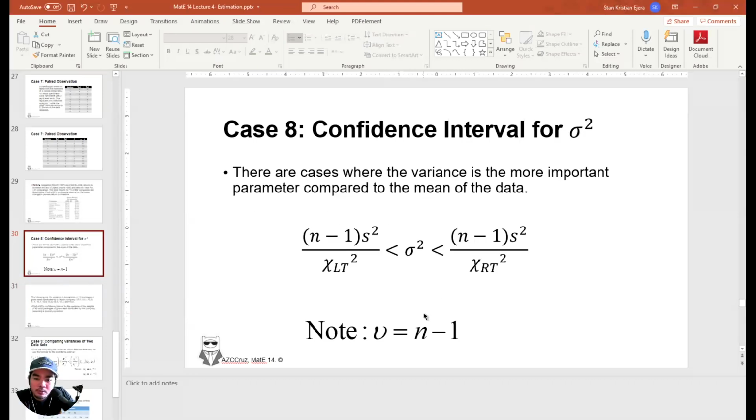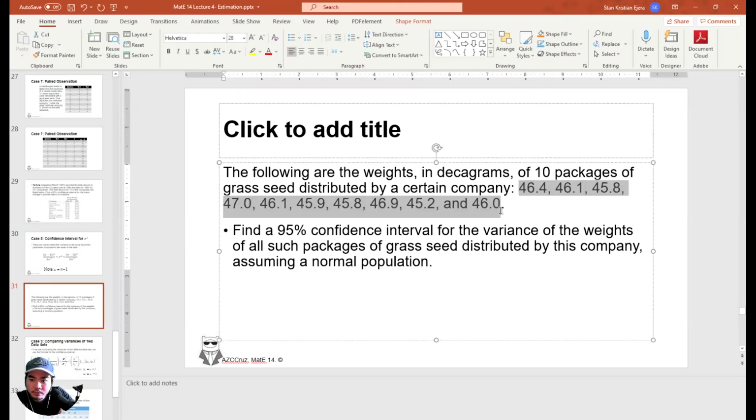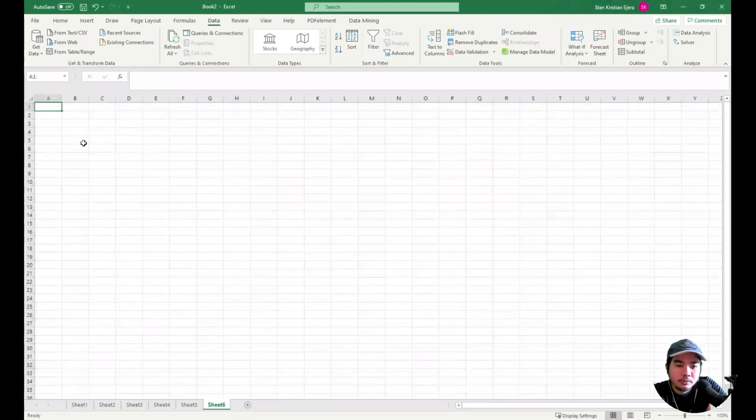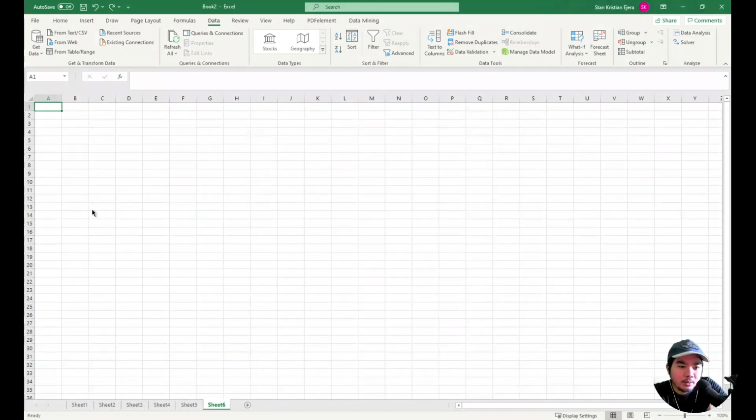So let's do this. Copy natin yung values nito, lipat natin sa Excel. Tapos, gawin natin is paste special. Tapos pwede actually natin i-text to columns to, no? Tapos ang gamitin natin delimiter is space tsaka comma.